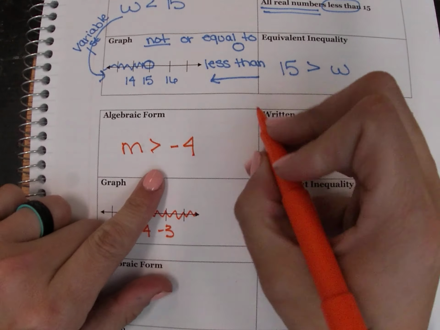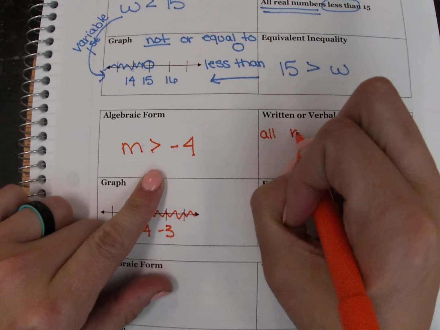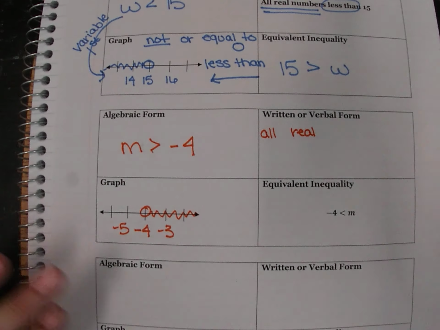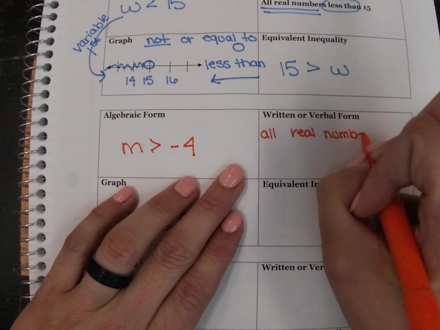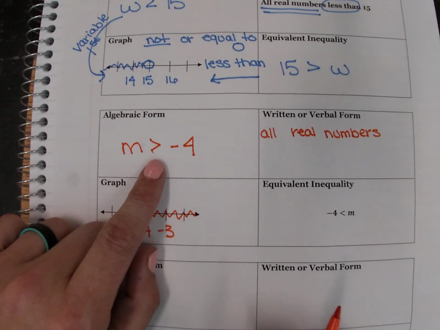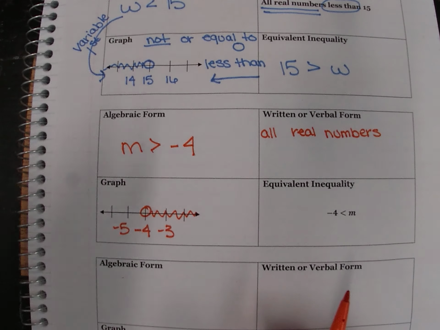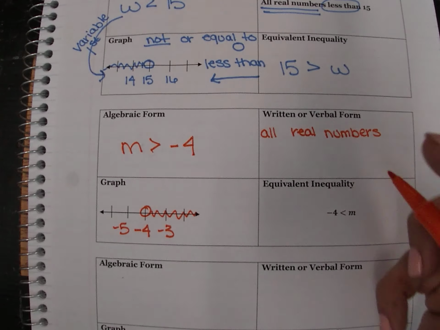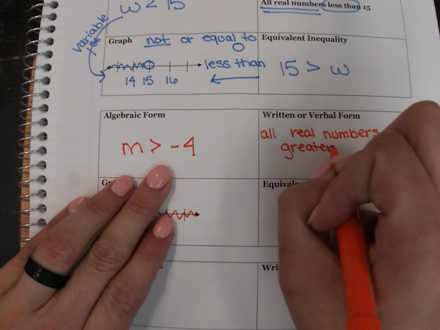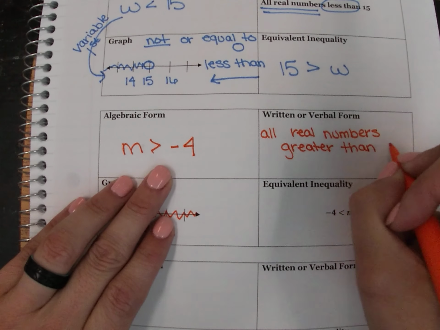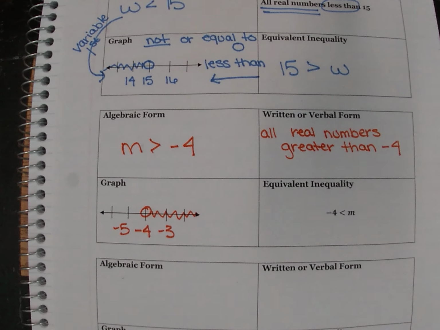Either way is fine. So if we say all real numbers, right, because that's what a variable represents, all the numbers. Okay, and this symbol, right, if you're not for sure, flip it over and look at your table, is greater than. So all real numbers greater than -4.